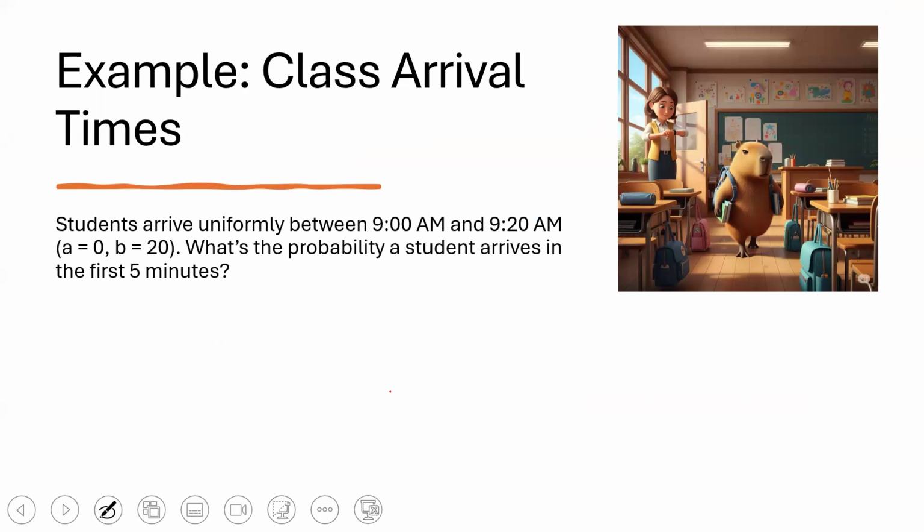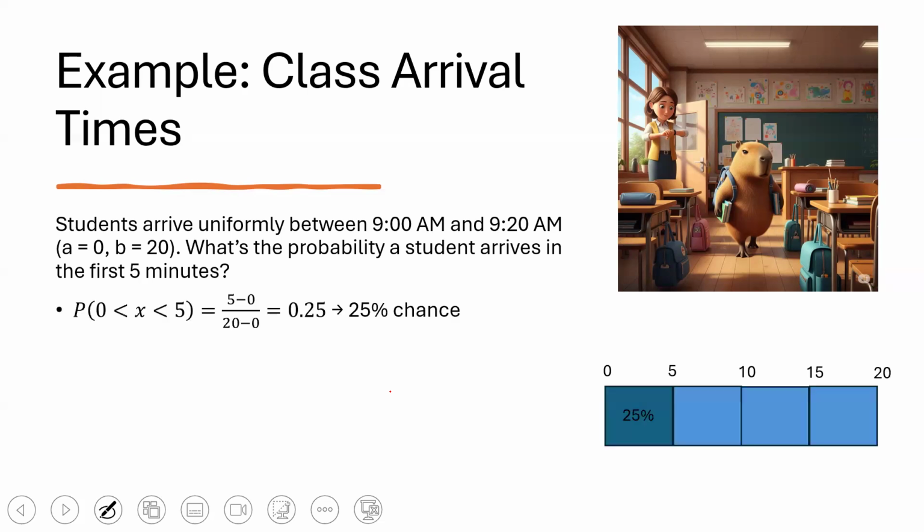Imagine students arrive randomly between 9 a.m. and 9:20 a.m., a 20-minute window. We want to know the chance a student arrives in the first 5 minutes. So here A is 0 and B is 20. We're interested in the probability of arrival between 0 and 5, arriving in the first 5 minutes.